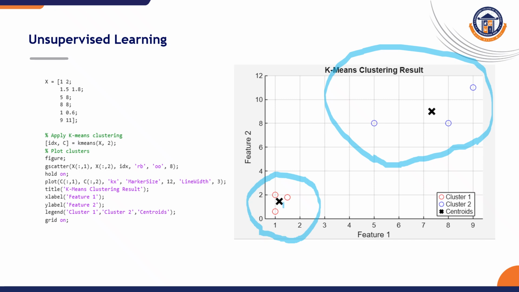This is a centroid. The data points near this centroid all belong to one class. Near another centroid, there is another data set. In this manner, it classifies in unsupervised learning. We have not given any classes here, unlike in supervised learning.